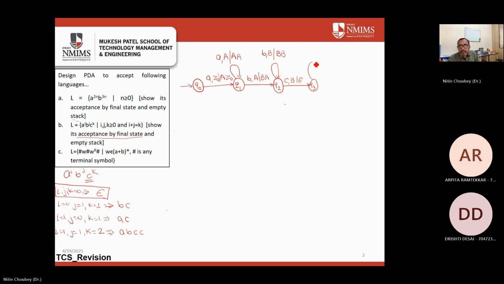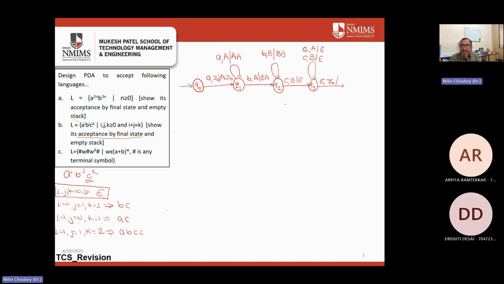Q3. Here, what we will have? Any remaining B's. Pop all those B's, followed by C on A, pop all A's, and this process will end when we have all C's over and we got epsilon in input and Z0 at the stack top.